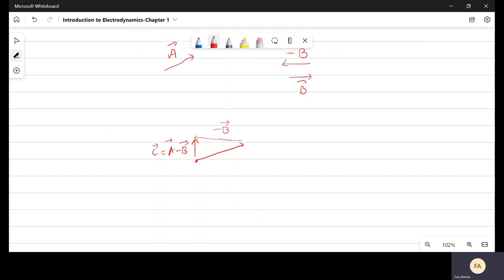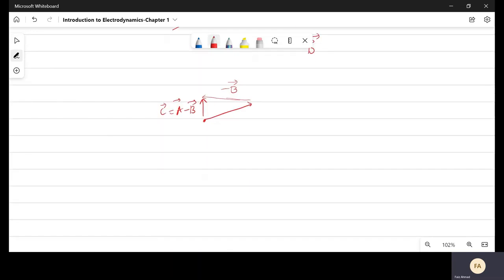Alright, vector addition and subtraction is simple, but the vector multiplication is not that simple. So we can define vector multiplication in three different ways. The first is multiplication by a scalar.